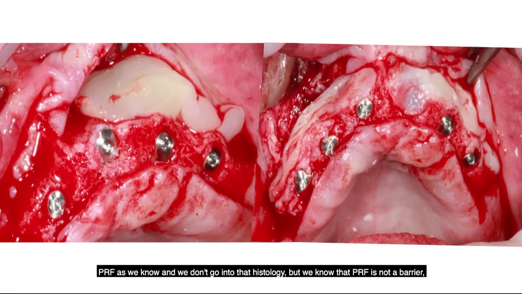PRF, as we know, and we won't go into the histology, is not a membrane, is not a barrier. PRF increases the healing potential and the soft tissue quality.